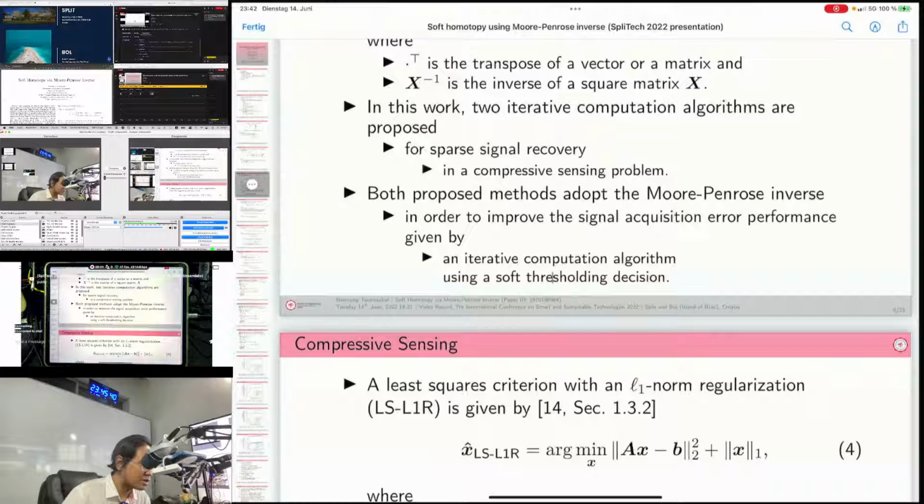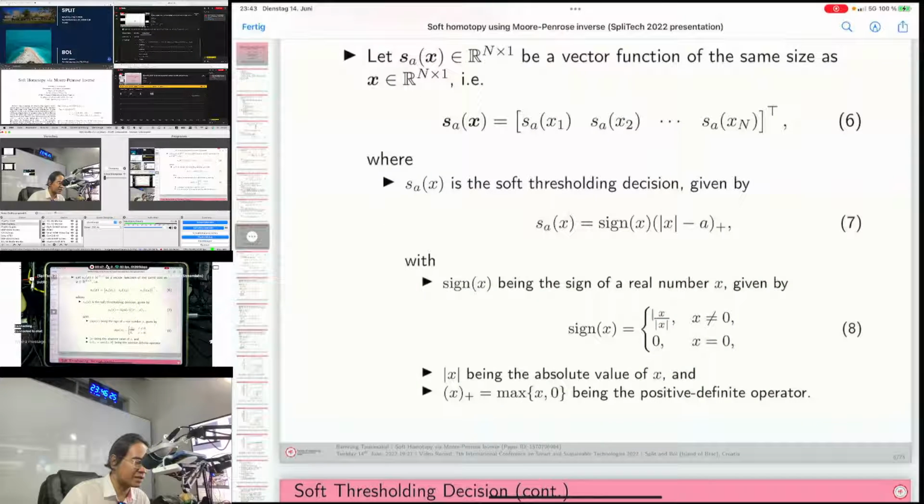The soft thresholding decision is based on the sign of x minus a certain threshold value, where the sign is the sign of that number. For example, -7 would return -1, or 0 if x is 0, and if x is 10, we get 1.